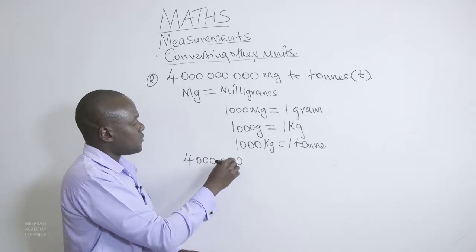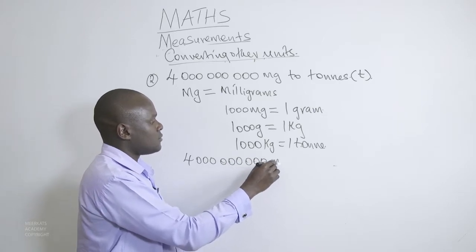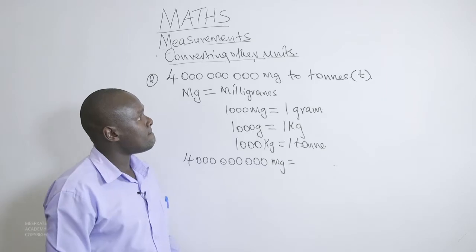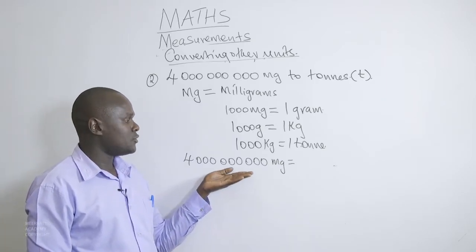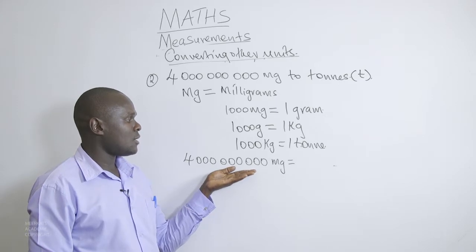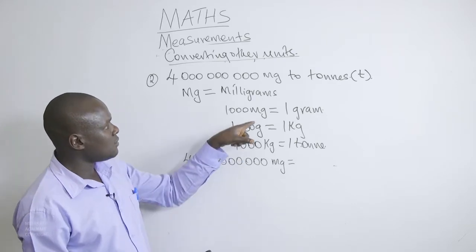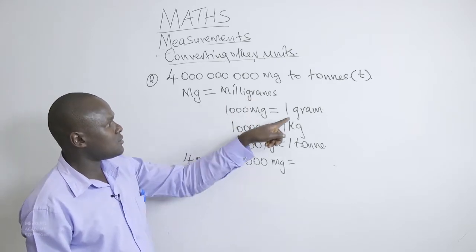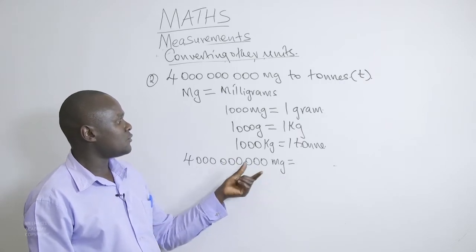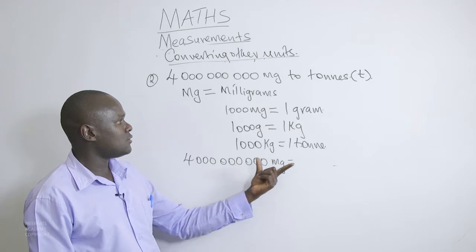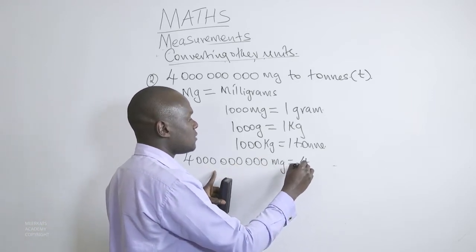This is milligrams. How many grams will this be? We need to convert this to grams. We divide this figure by 1000, because we know that 1000 milligrams is equal to 1 gram. So the number of milligrams divided by 1000 gives the number of grams.